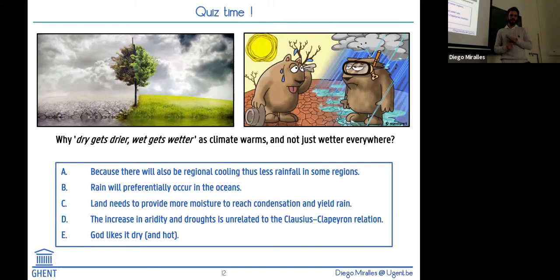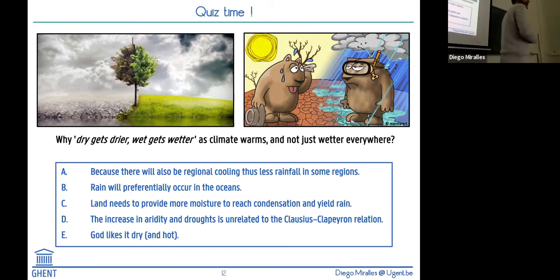Land needs to provide more moisture to reach condensation and yield rain, and seems to enhance that. The increase in aridity and drought is not related to the Clapeyron equation. God likes it dry. Some of you didn't raise your hands, so I presume you take it. All right, so yes, you got it right. Land needs to provide more moisture to reach condensation. That's the right answer.